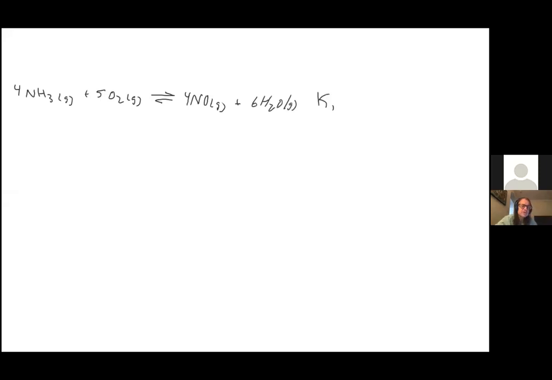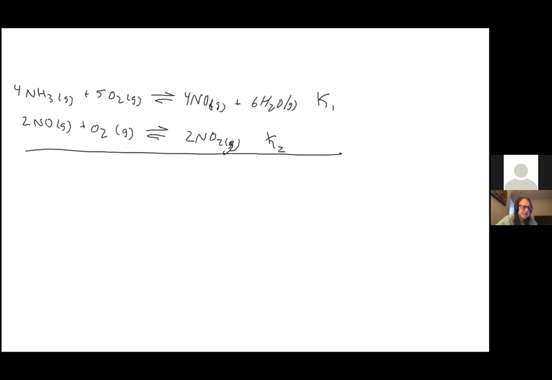Okay, second equation, 2NO plus O2 gives 2NO2 gas, and this is K2. Okay, so they're saying the net equation. Well, when they're saying the net equation, I think that just means you're just adding them up. So you're not really having to do any manipulation other than just adding them.